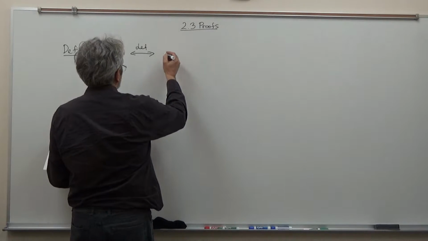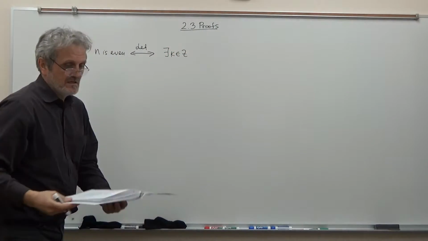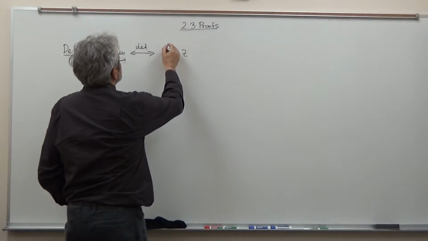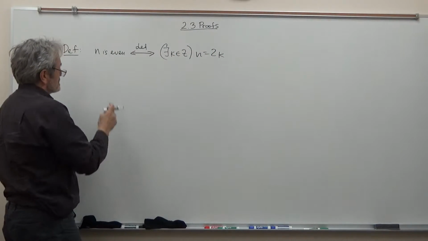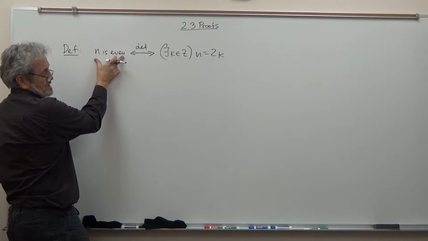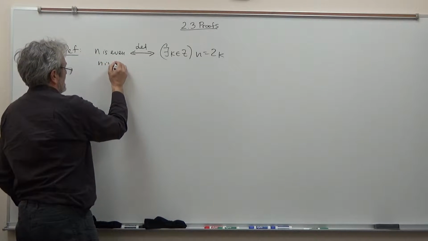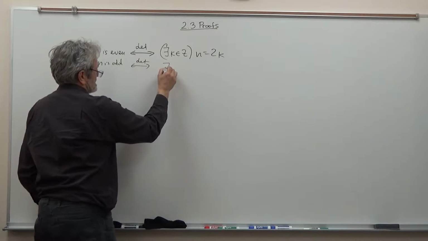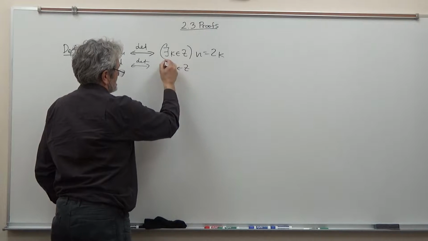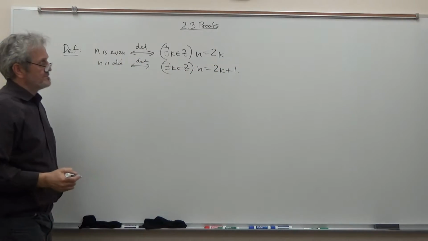So n is even if there exists k from Z such that n equals 2k. Whenever we see this expression, we will actually think of this equality. n is odd will always be treated as: there exists k from Z such that n equals 2k plus 1.